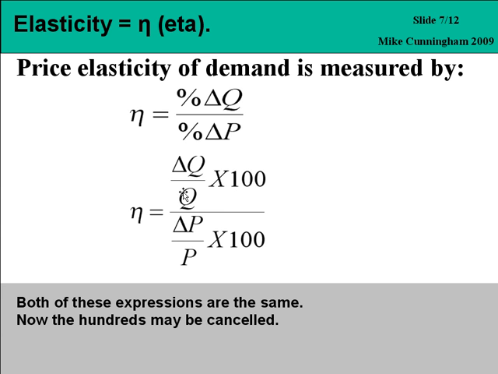You take the change in something divided by the total amount, multiply it by 100. And that's all divided by the change in price divided by the price times 100.